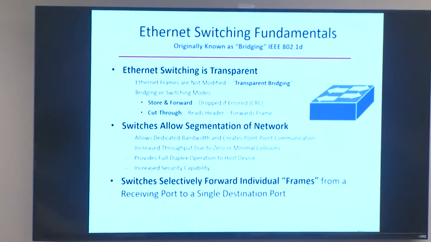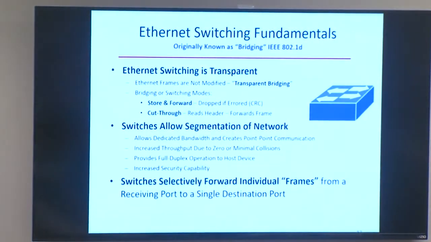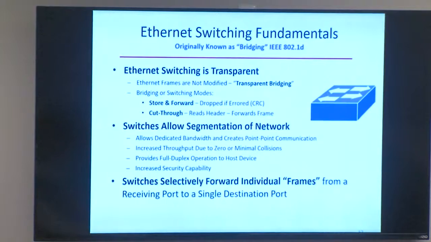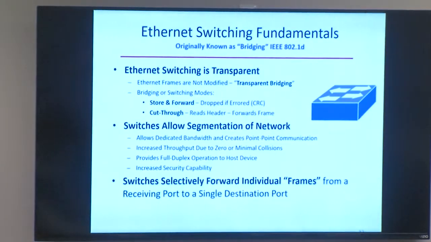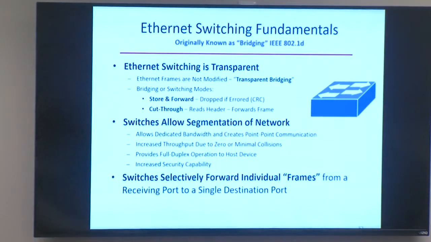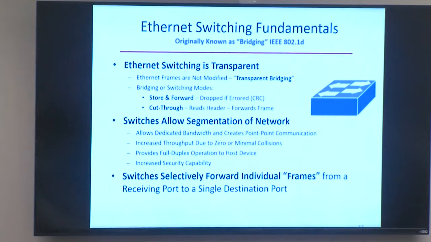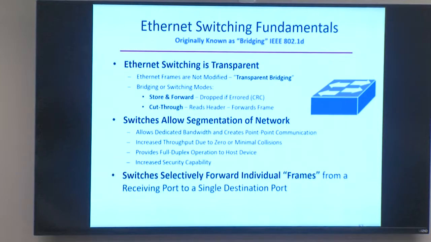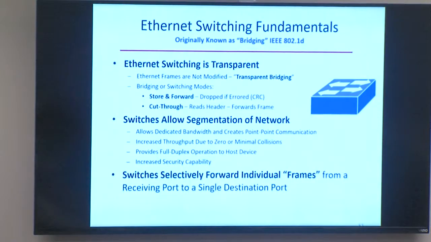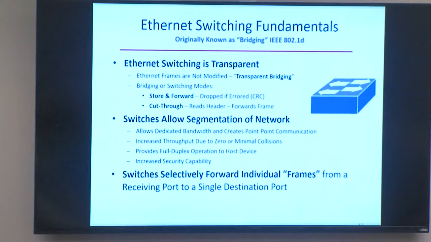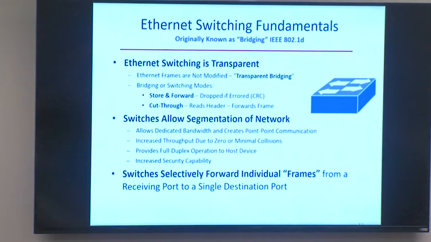Store and forward is what I'll call the normal operation mode of the switch, where if that frame is errored, it's determined to be errored because either the length is too big or too small, or it has CRC errors detected because the CRC value and the payload contents do not match up.